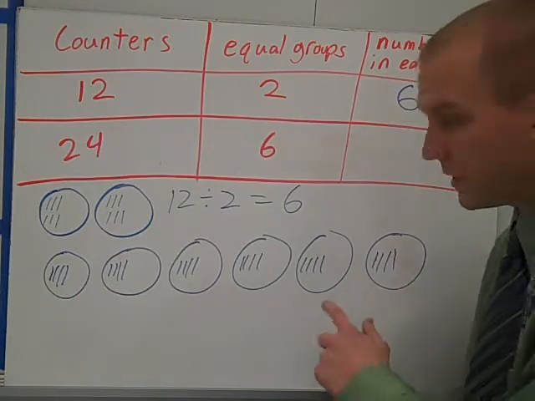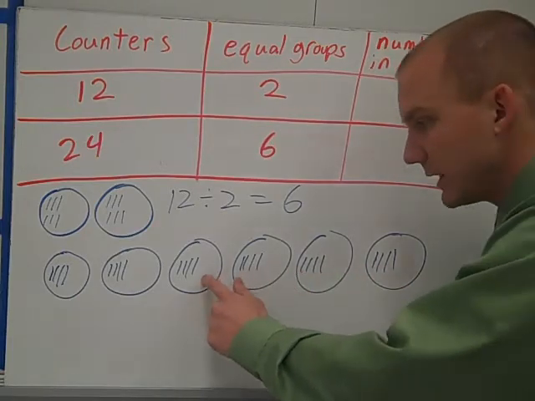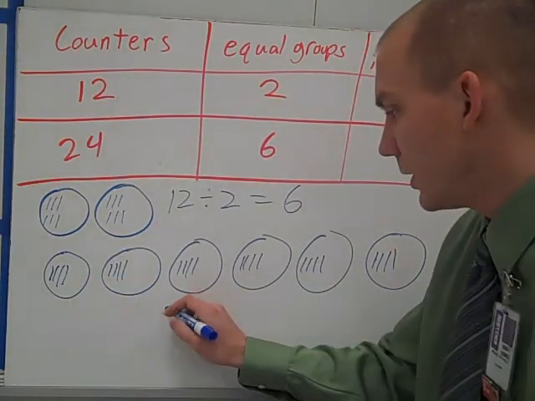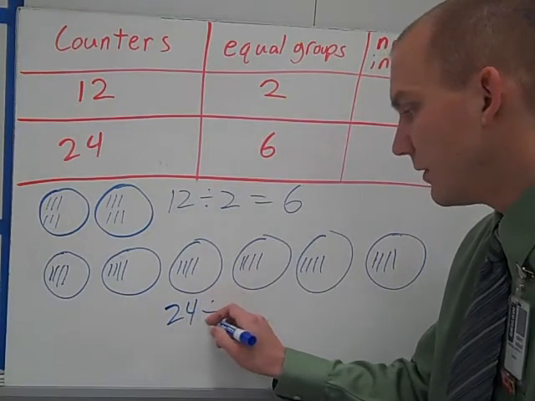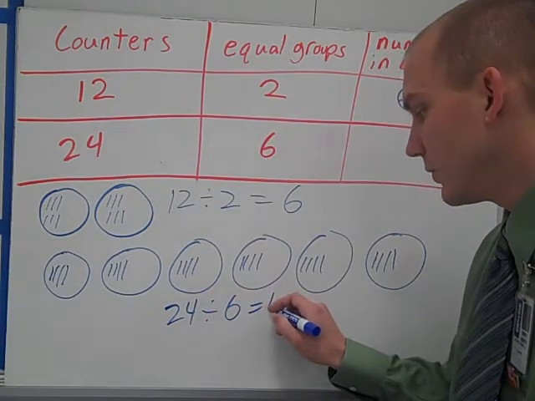I finished at 24. I look, and all of them have the exact same amount. That is 4. 24 divided by 6 equals 4.